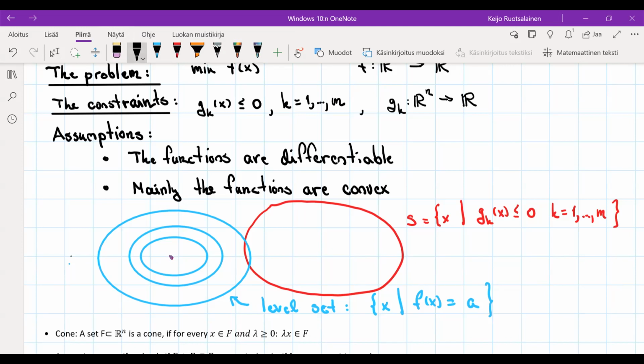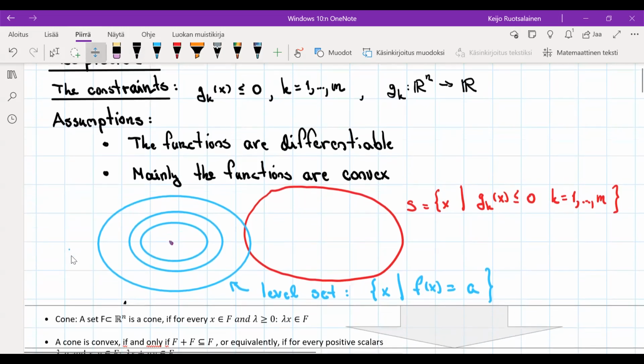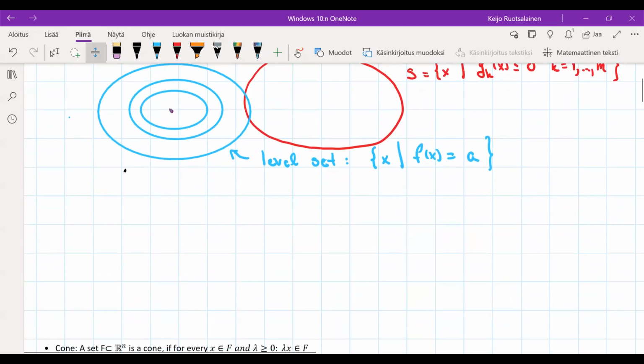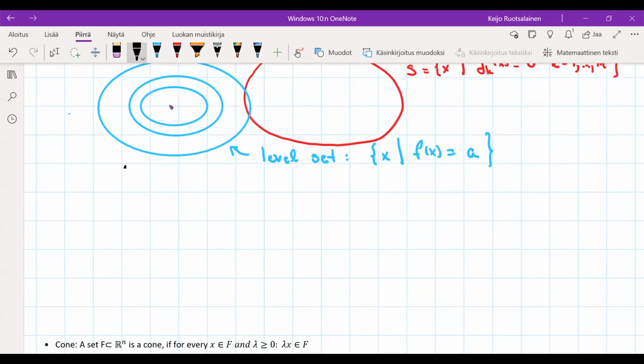And in the convex case, we have already proved the criteria for finding a minimum point.